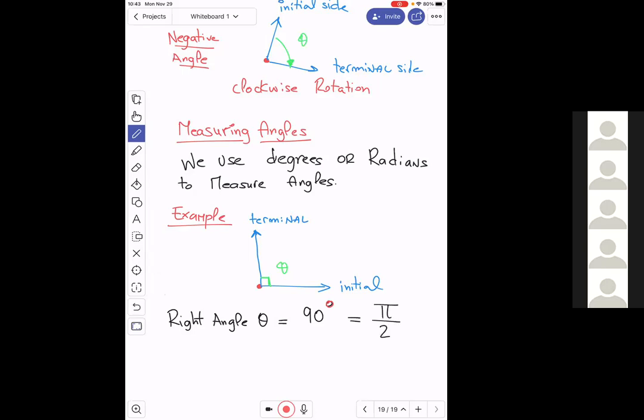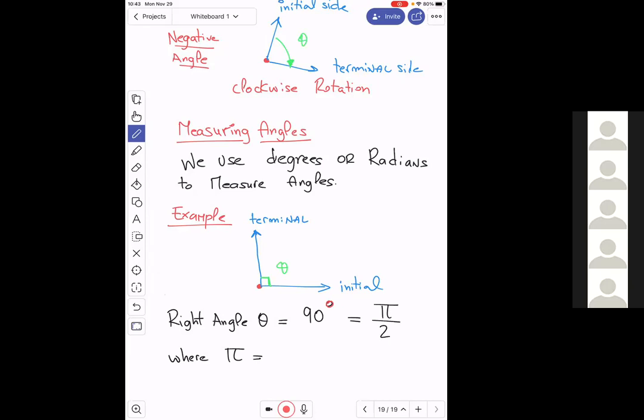Pi is just a decimal number. We use pi to measure the boundary of the circle, for example.